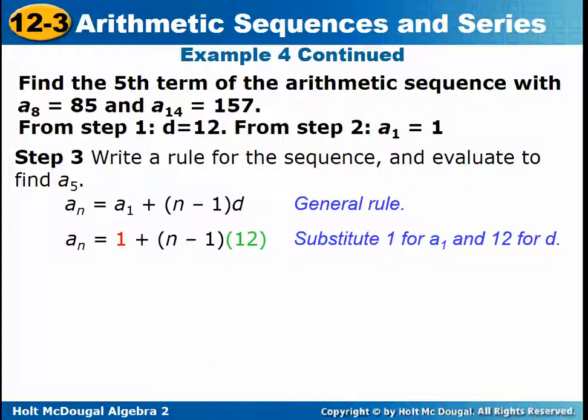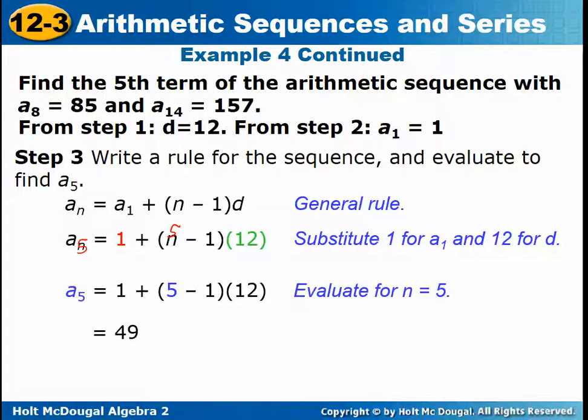So we plug that in, and we're looking for the 5th term. So we're going to replace n's with 5's here. And we will get 1 plus 5 minus 1 is 4, so 1 plus 4 times 12. Or 1 plus 48, and that of course is 49.